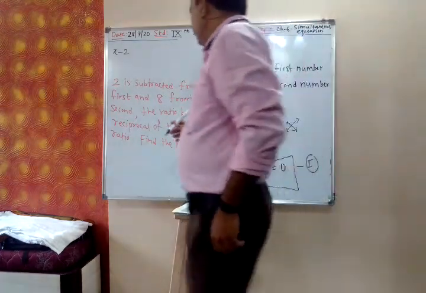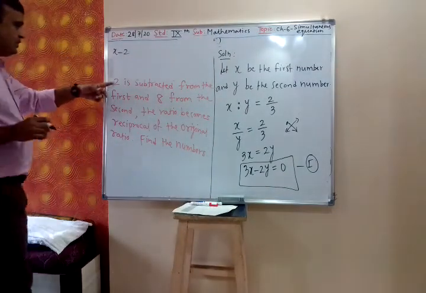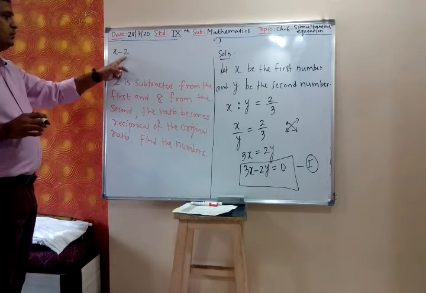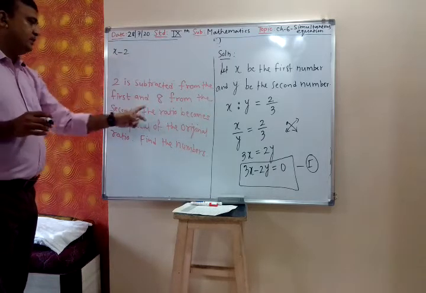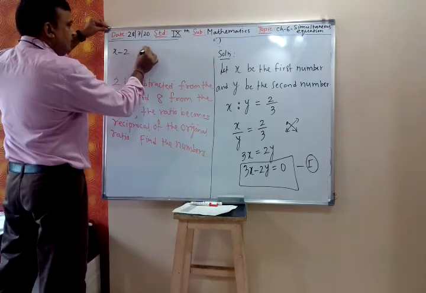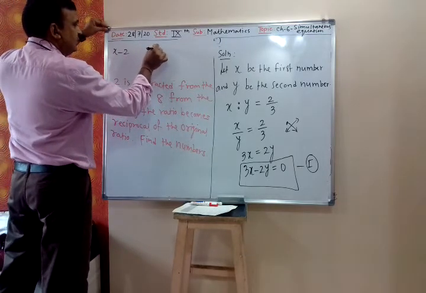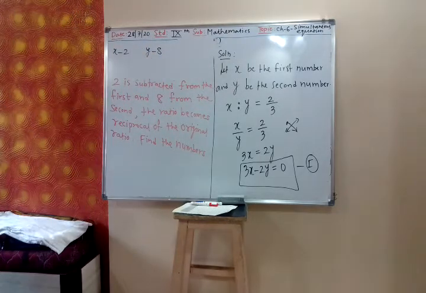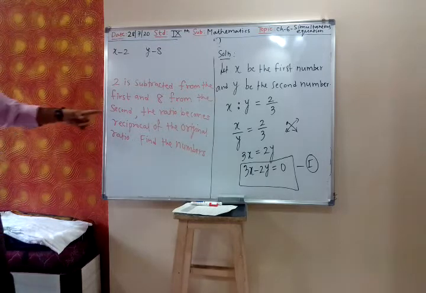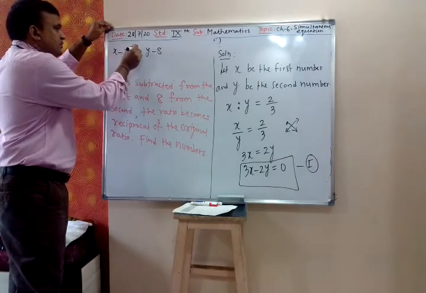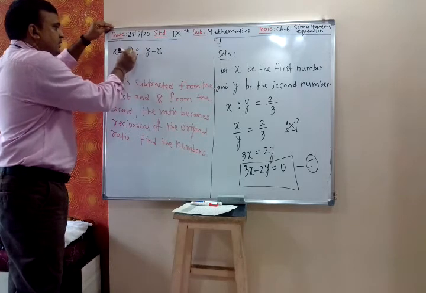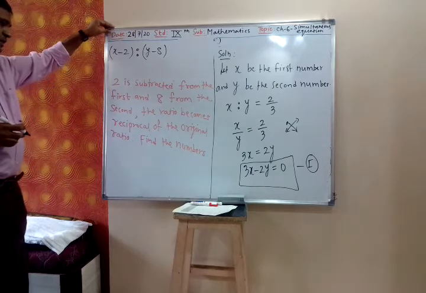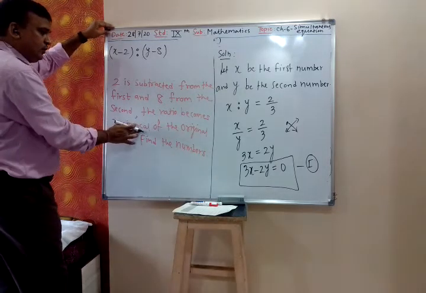Read the question. If 2 is subtracted from the first, means x minus 2, and 8 is subtracted from the second number, y. We subtract 8, y minus 8. If 2 is subtracted from the first and 8 is subtracted from the second, the ratio becomes the reciprocal of the original.